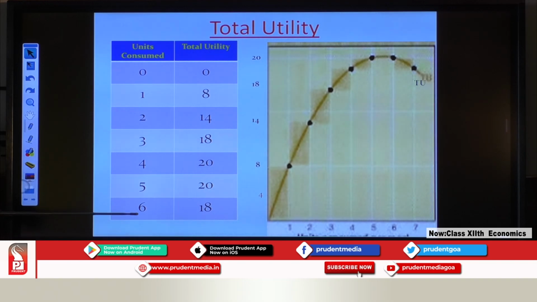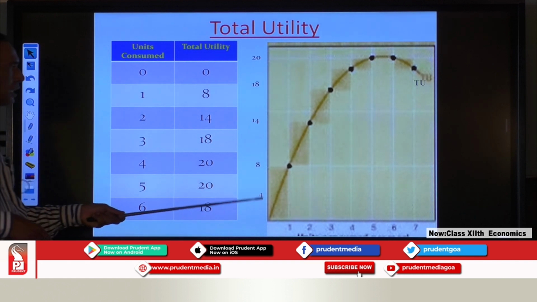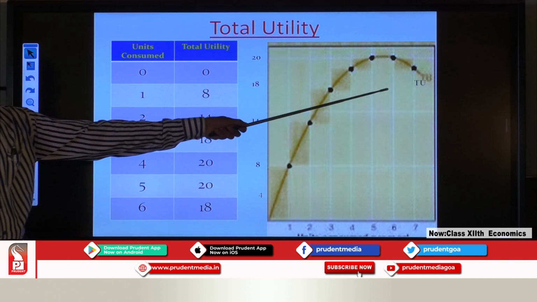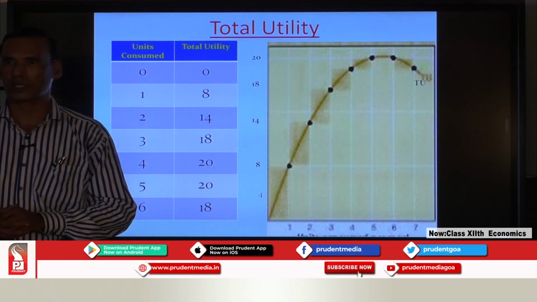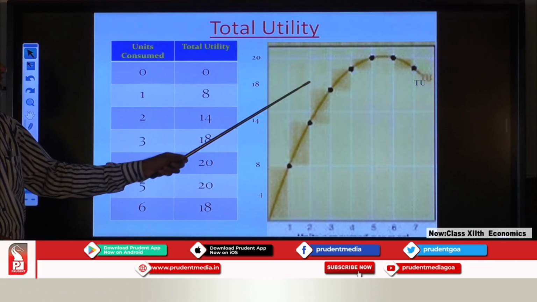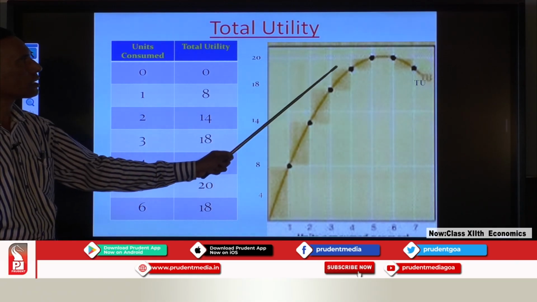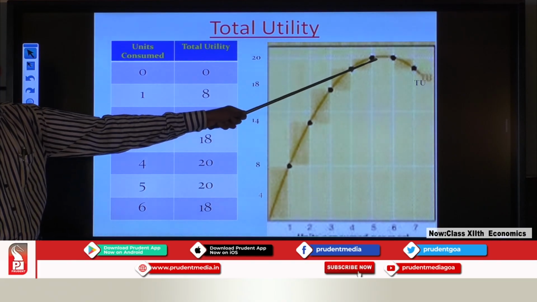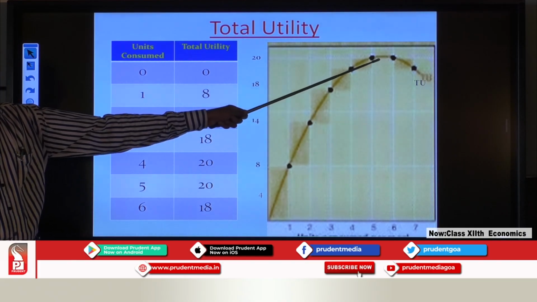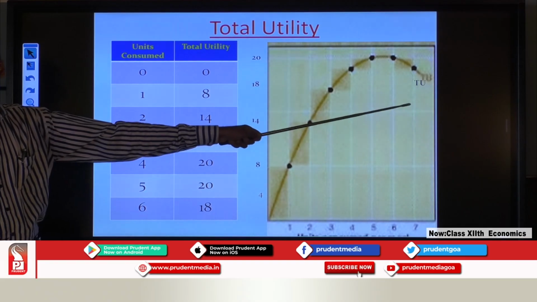When I consume the 6th apple, it will start declining. When you plot these points in the form of a graph, you get a curve that rises and then starts falling. Now, the psychological effect or behavior that I told you about is, when you continuously keep on eating, you develop a dislike for that commodity and then it starts declining.